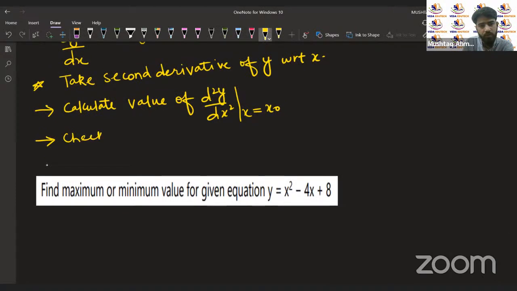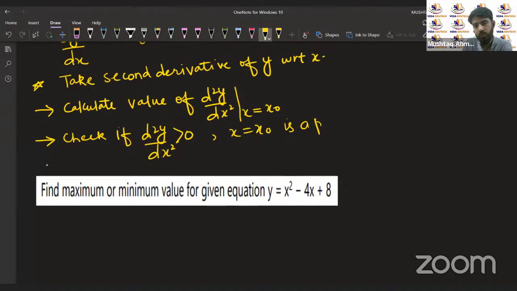Check if d2y upon dx square is greater than 0, then x equal to x naught is a point of minimum.